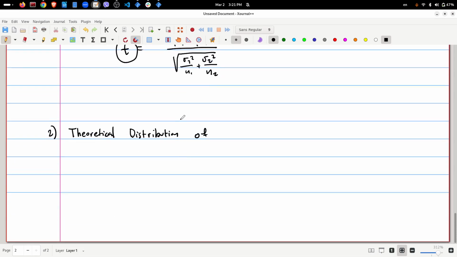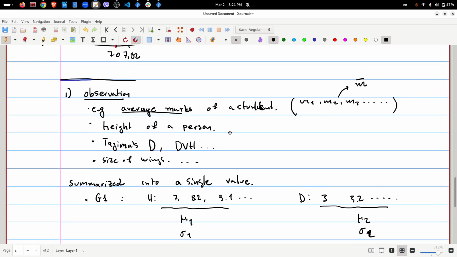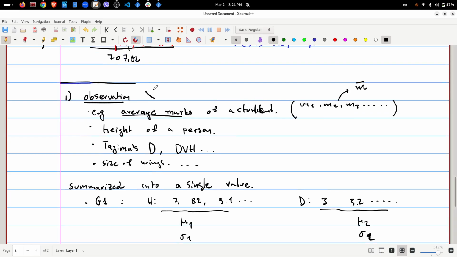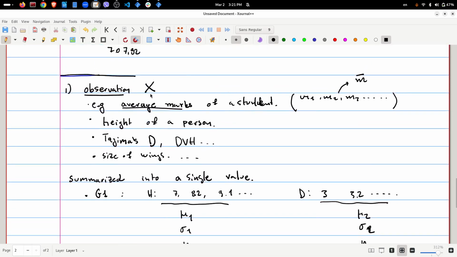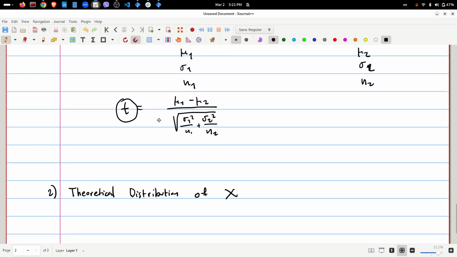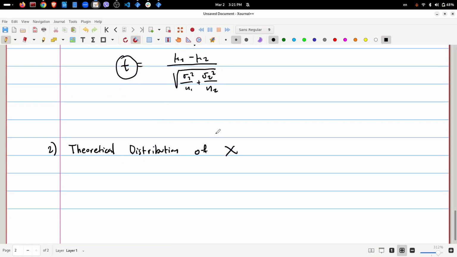Let's call it X. So let's say here that this observation is observation X, described by a random variable called X. The theoretical distribution of this random variable when the null hypothesis is true.